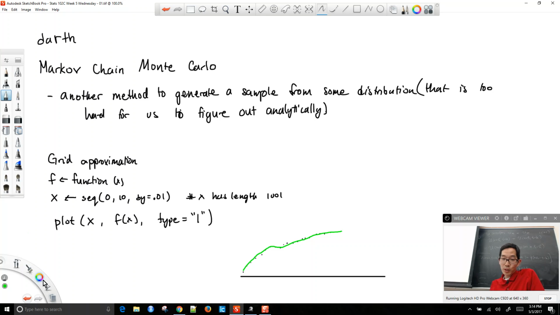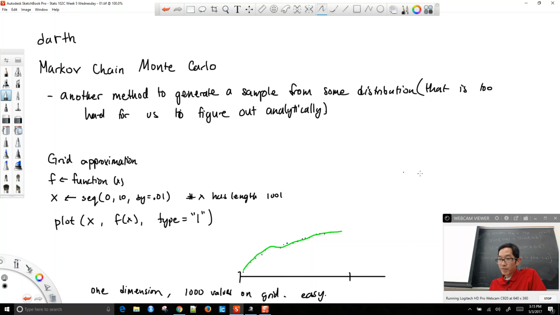And when you have one dimension, sure, 1,000 values, that's not too bad, okay? With one dimension, you've got 1,000 values on the grid, that's easy. With 2 dimensions, now you have 1,000,000, right?